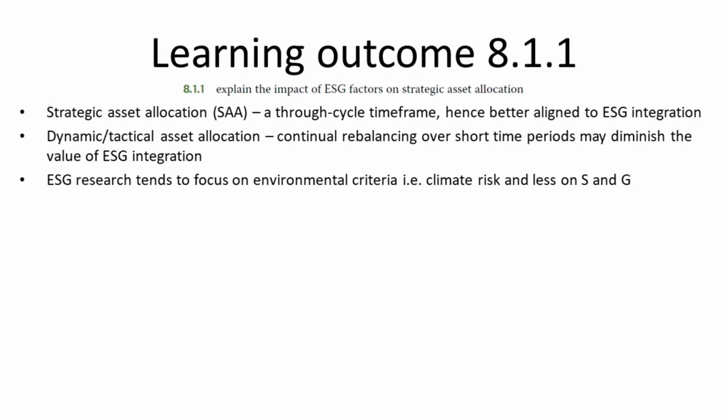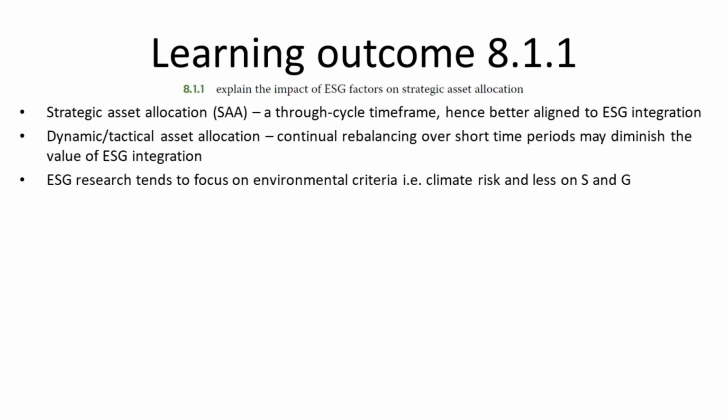ESG integration is also consistent with a long-term approach, and therefore SAA is considered more appropriate for ESG integration rather than dynamic or tactical asset allocation, because they involve continual rebalancing over short time periods. Therefore, this kind of process may diminish the value of ESG integration.